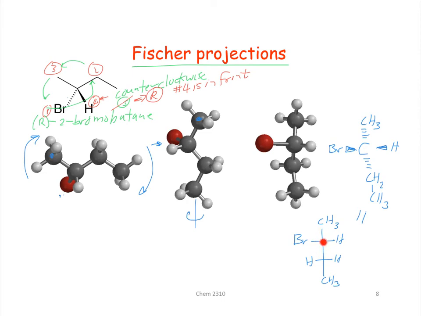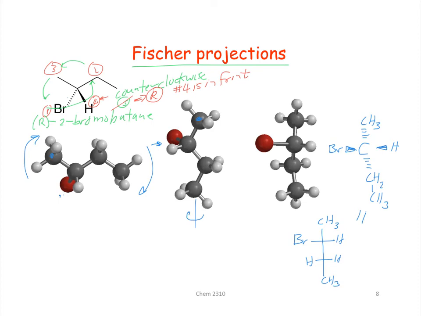So what we have to remember is that the bonds going up and the bond going down are pointing back, like this, wedged, and the horizontal bonds are both coming forward. Okay?